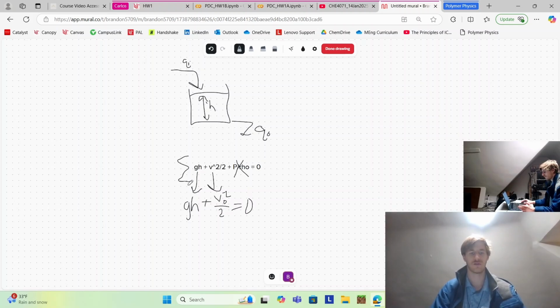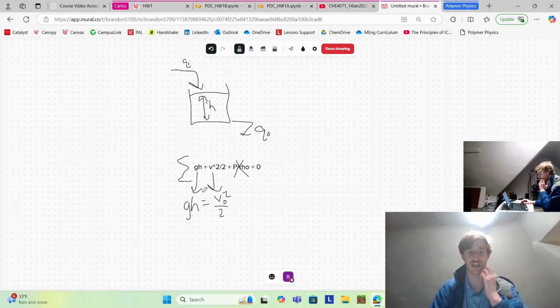Now, what I want to do is, it'll look nicer if I just say this GH is negative, and we'll call gravity 9.81, so that we can add it to the other side. So then it becomes GH equals V squared over 2.